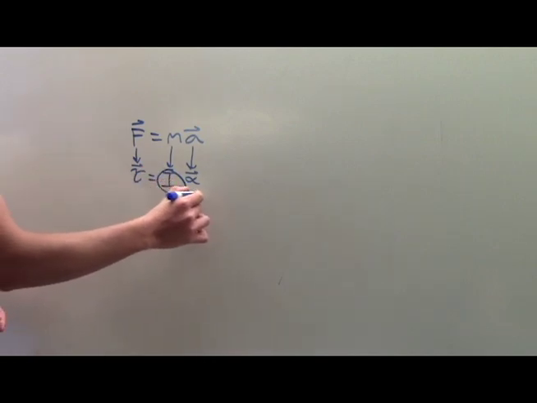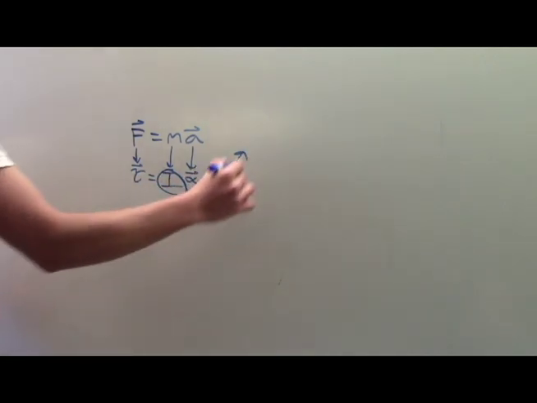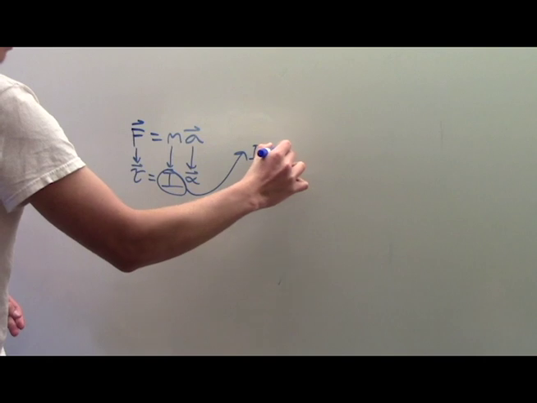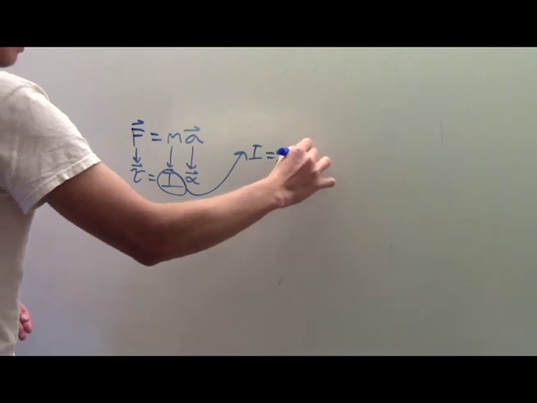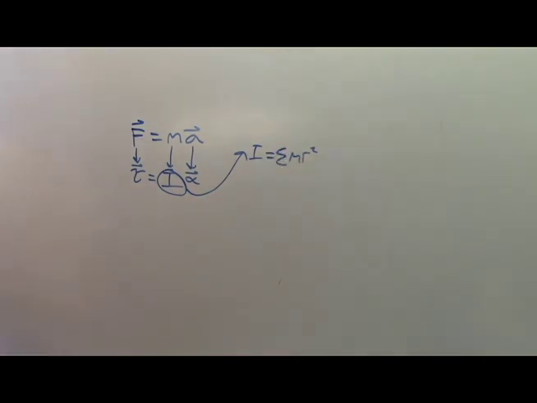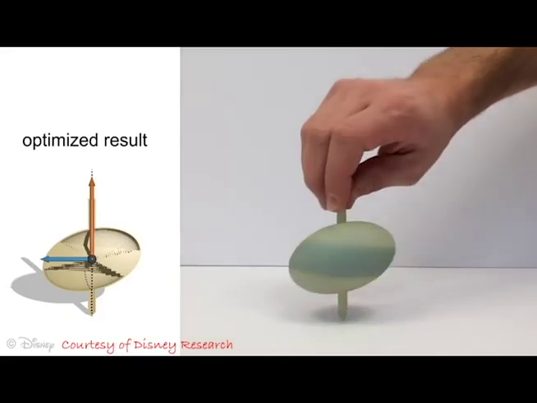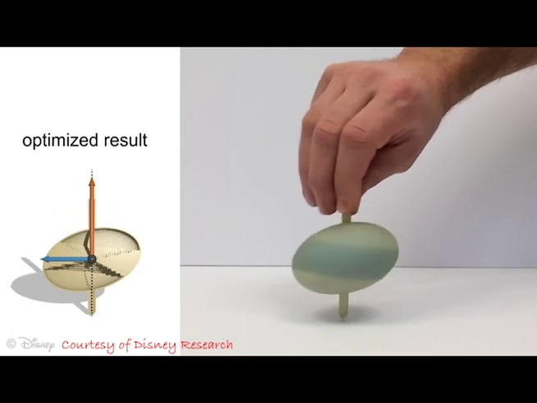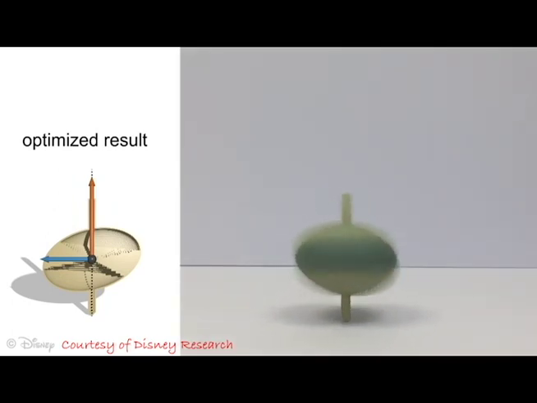But how do we find I? Well, I is equal to the summation of the mass of a point times r squared, which is the radius. If we look at the object, let's say it's a circle, and there's an axis of rotation right in the center, and then there's a point somewhere on that circle.